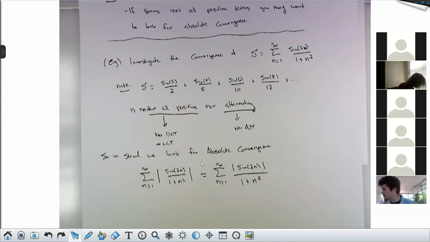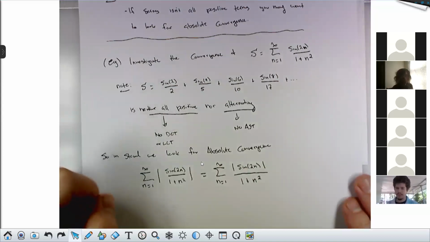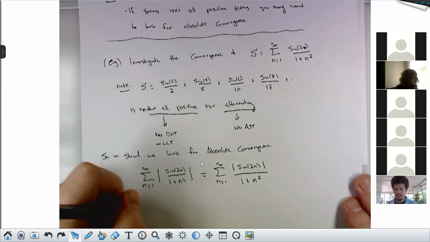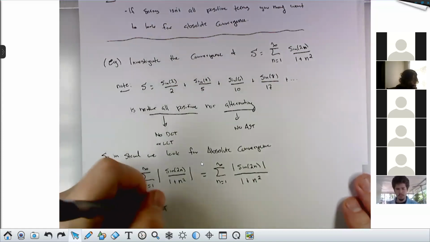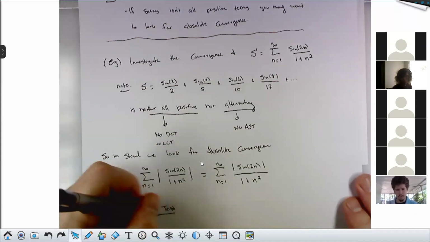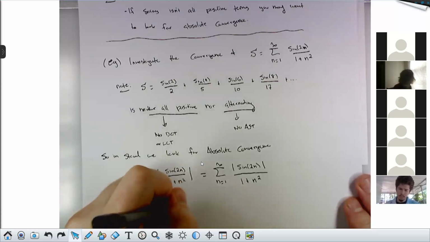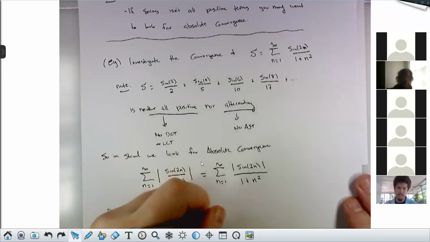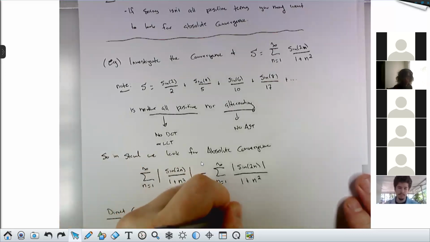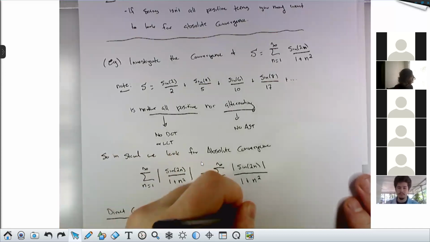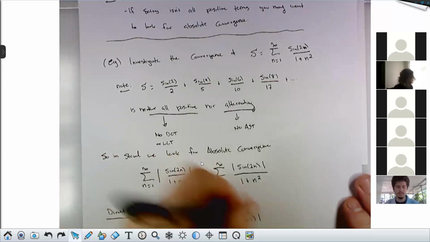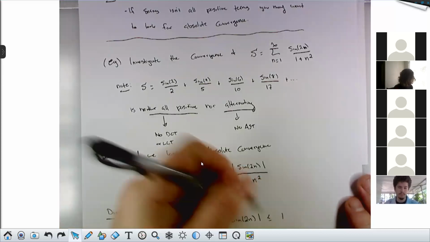And from there, observe that we can run a direct comparison. The direct comparison test here would begin with the inequality 0 is less than or equal to the absolute value of the sine of 2n, which is less than or equal to 1.